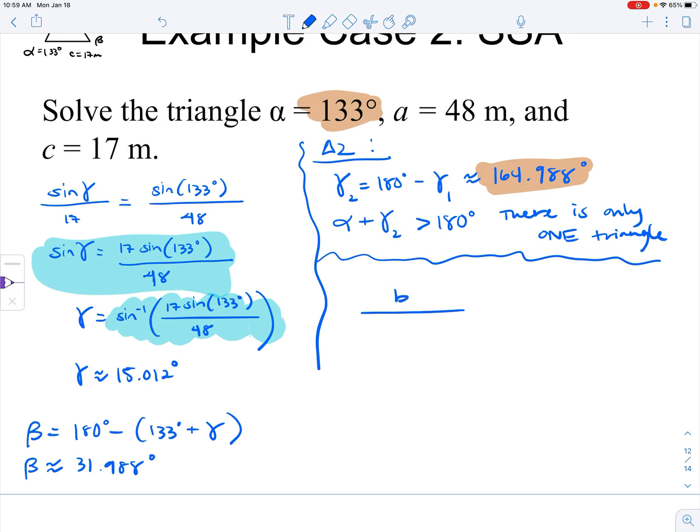Store that value, okay? Because now we need to solve for side B. So side B over sine of beta, and when you type beta into your calculator, you're using whatever letter you stored beta under. But everything on our page represents exact values.